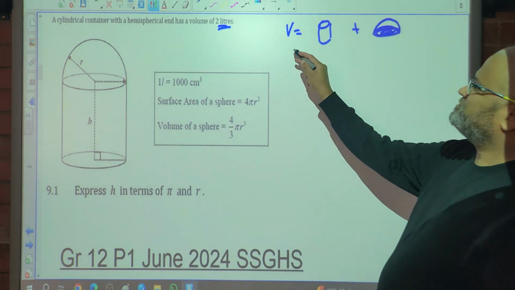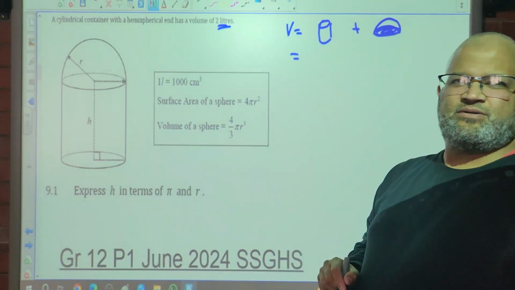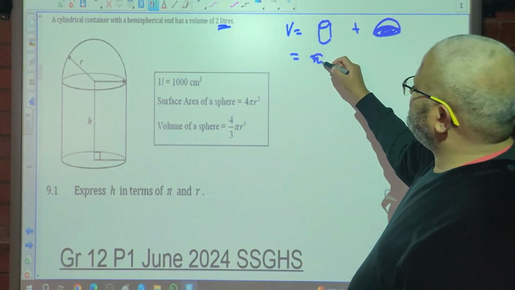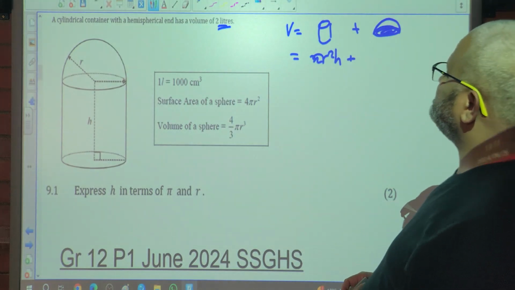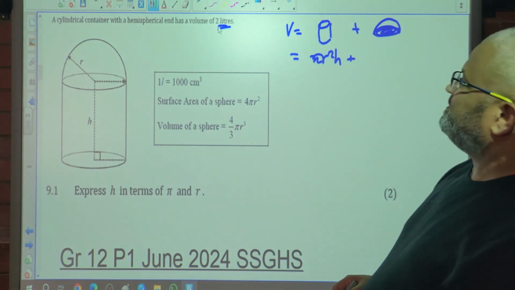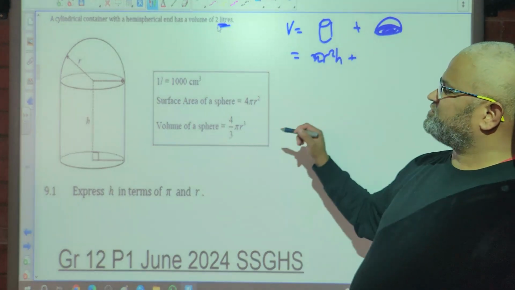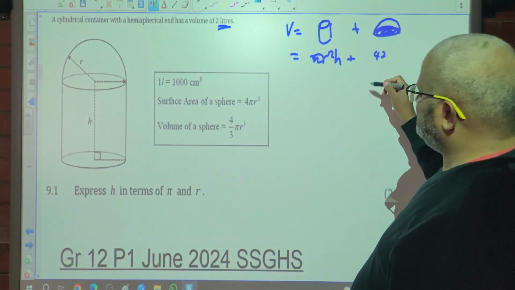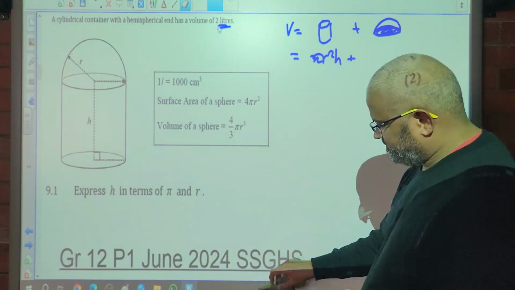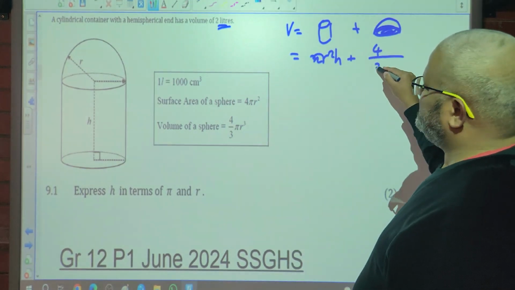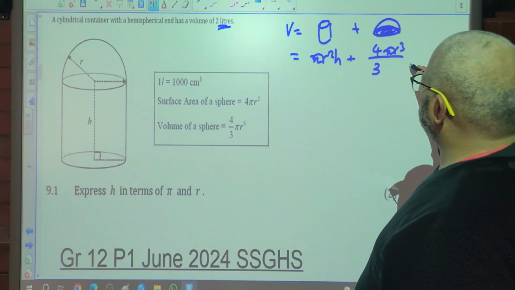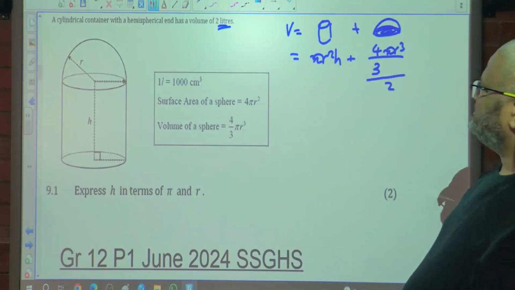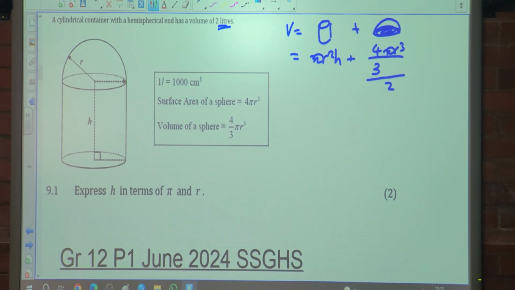To calculate the volume of a cylinder, it's going to be pi r squared h plus the volume of a hemisphere. The volume of a sphere is 4 over 3 pi r cubed divided by 2, because it's half of it.